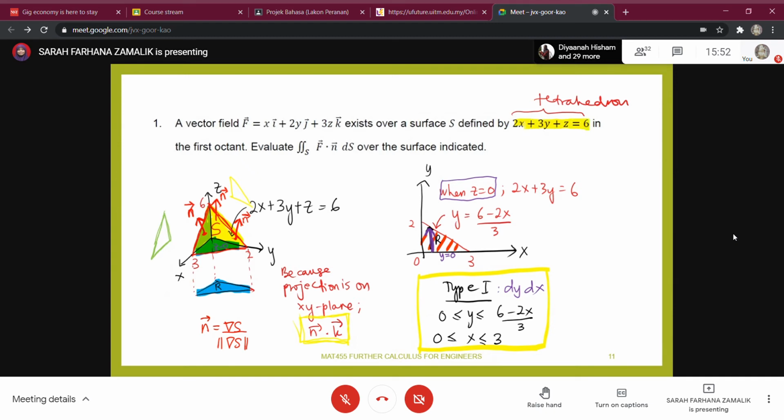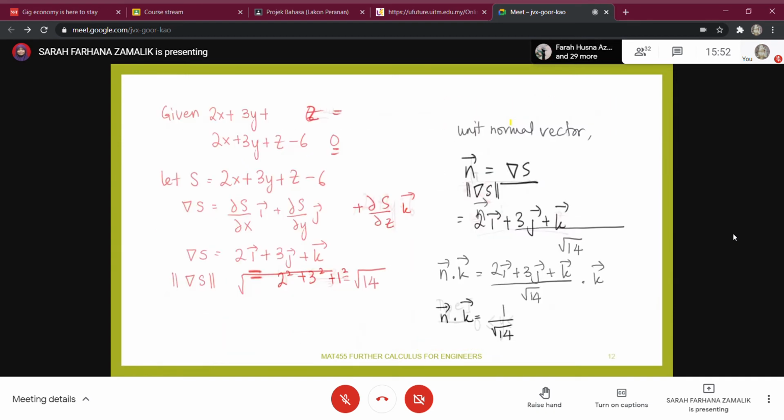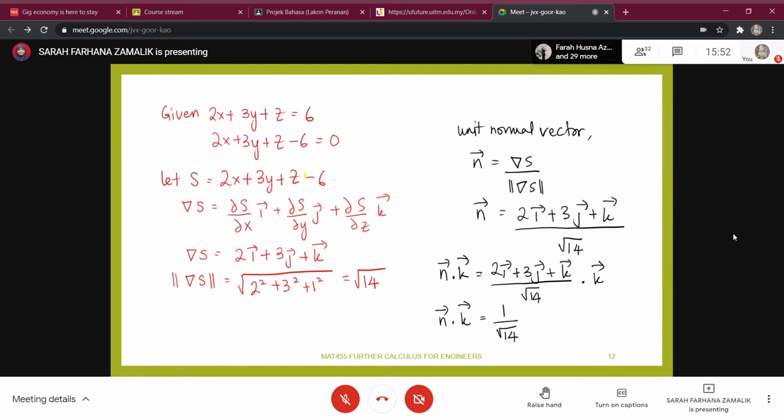This is our surface S. Sebab tu saya tulis kat sini, given to you 2x plus 3y plus z equals to 6, let it equals to 0 first, okay? Sebab kita nak kita punya surface S in terms of x, y, z. So yes, next one, let S equals to 2x plus 3y plus z equals to 6.